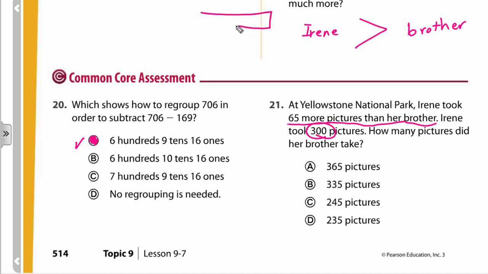In this bar diagram, this is Irene at the top, and down here it will be the brother. As we know, we don't have the brother, but we have Irene, which is 300, and the 65 is the difference between them.